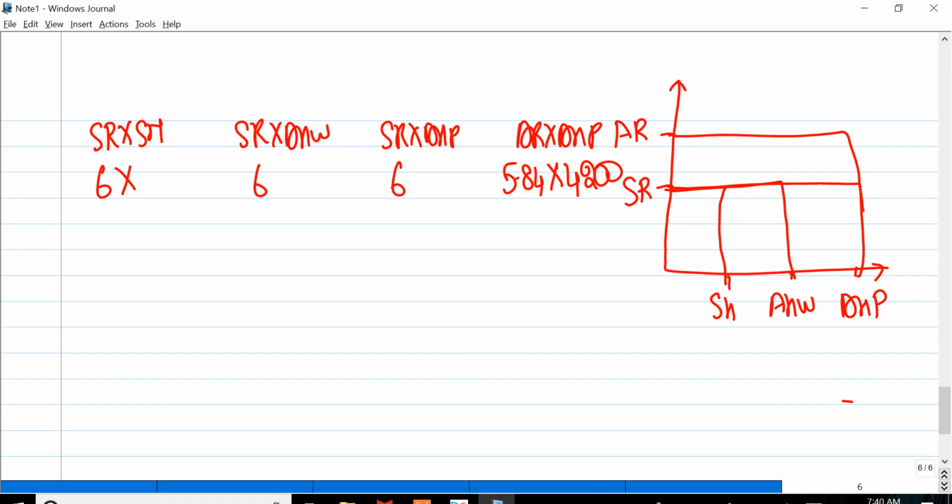What was the SH earlier? The AHW alone is 4200 minus 5%. You'll have to subtract 5%, which is 3990. Everything else remains same. 4200 is AHP and AHW is 3990.